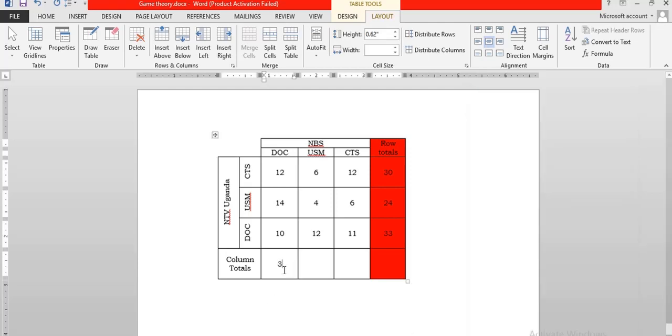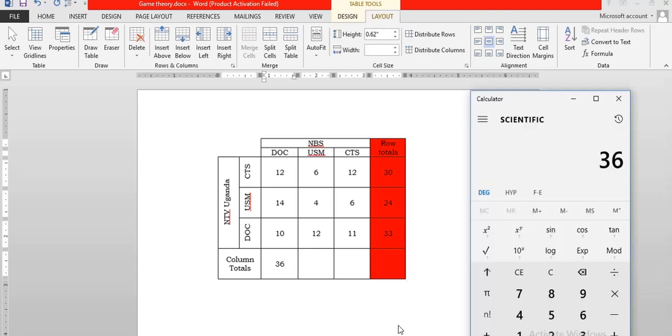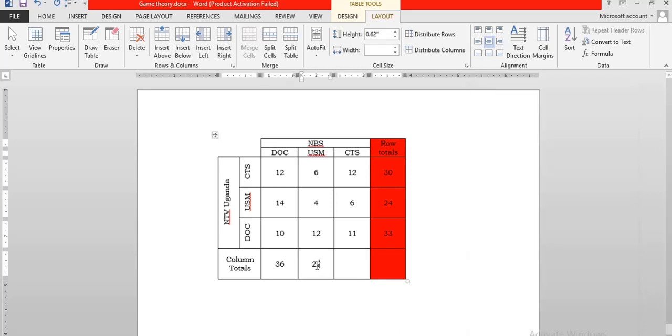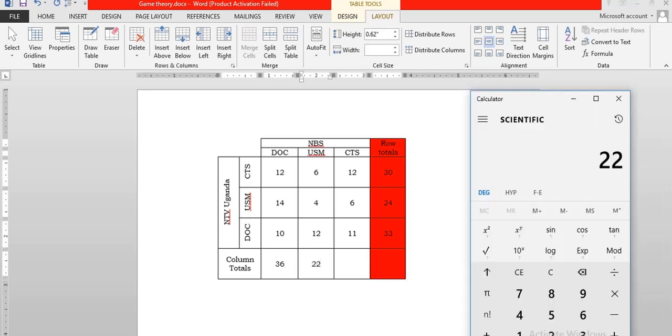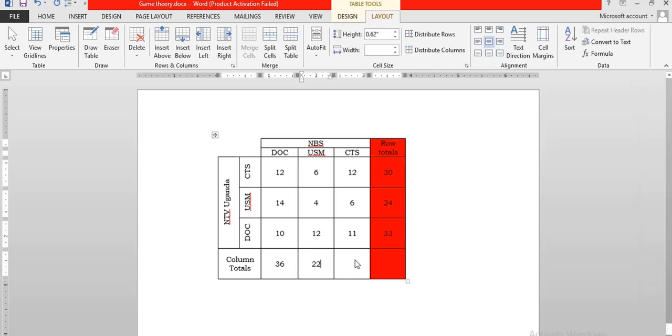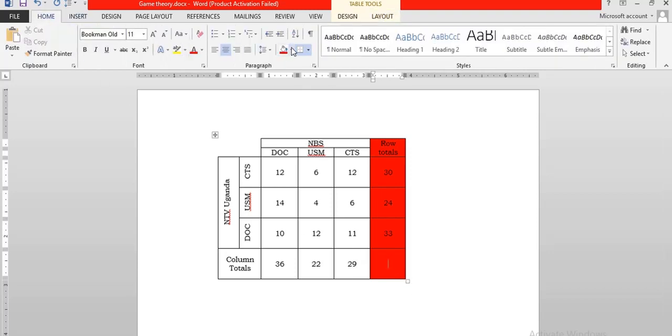So this one is 36 here. Then we shall have 6 plus 4 plus 12, which is 22. This is 22 here. Then we shall have 12 plus 6 plus 11, which is 29. 29 is here. So the highest of all is 36.